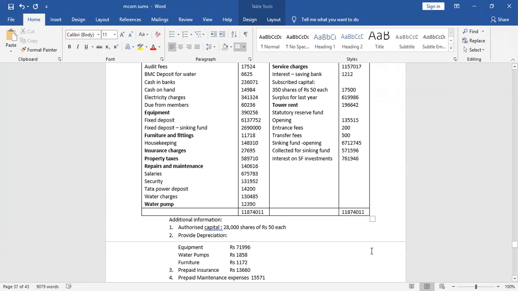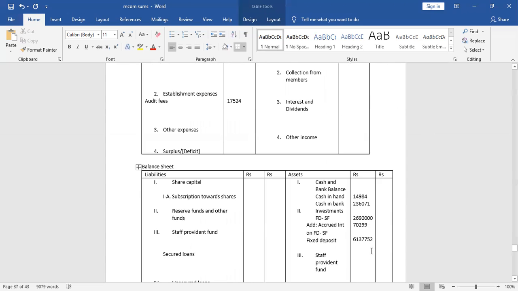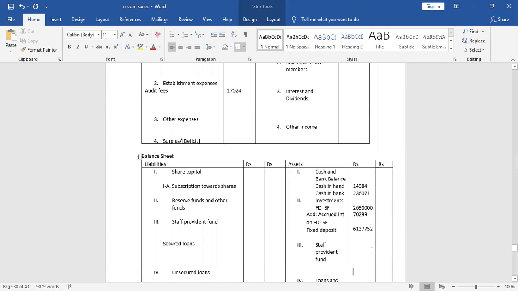After furniture, we have housekeeping. This is an expense related to establishment of the housing society. 1 lakh 48,310.